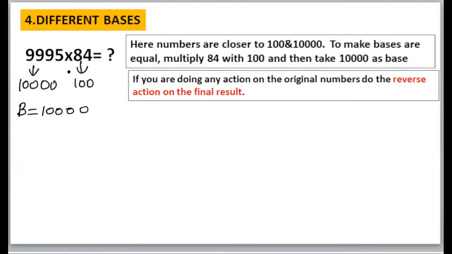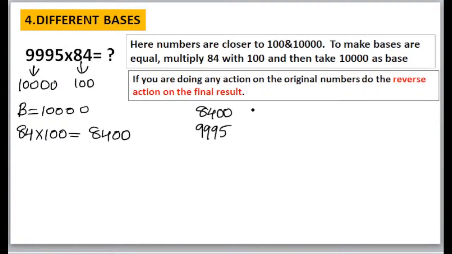But you have 84. 84 is far away from 10,000, so you will multiply it with 100. So the number will be 8400. So your numbers are 8400 and 9,995. So 8400 is 1600 less than 10,000 and 9995 is 5 less than 10,000.